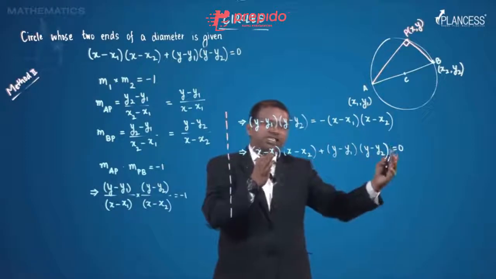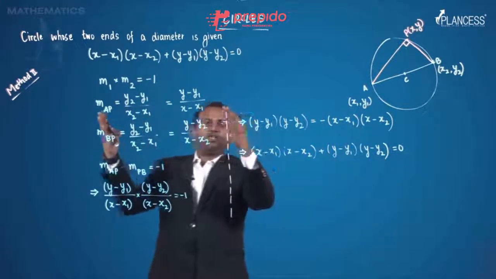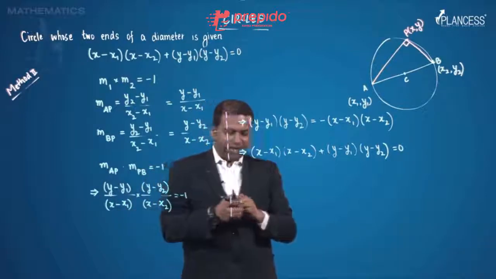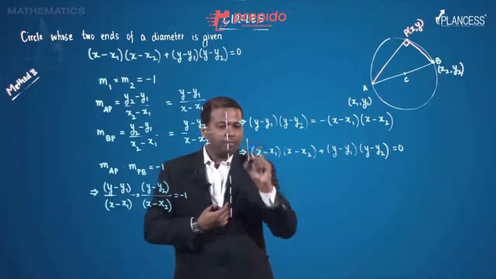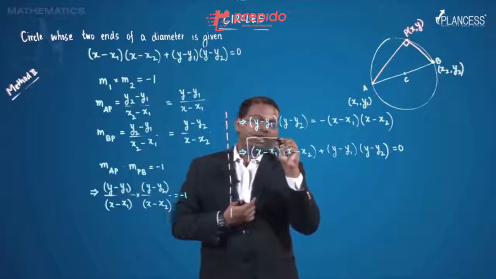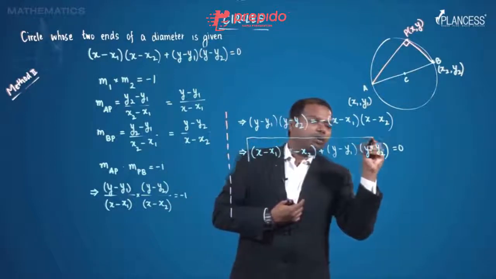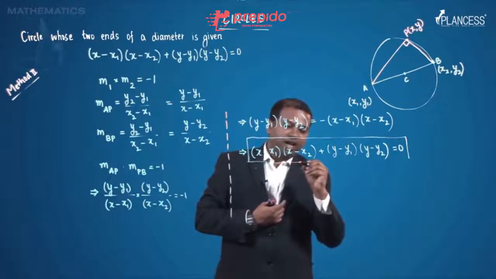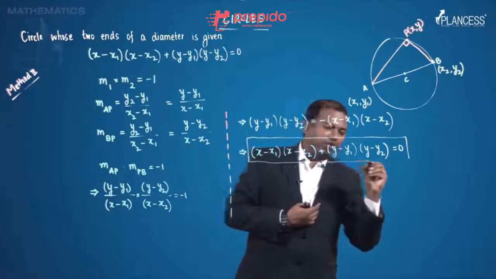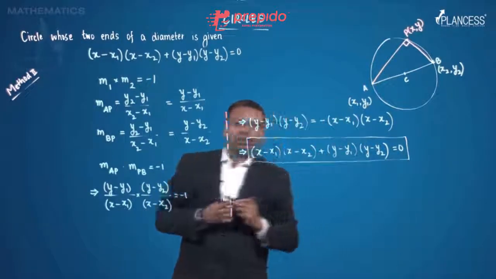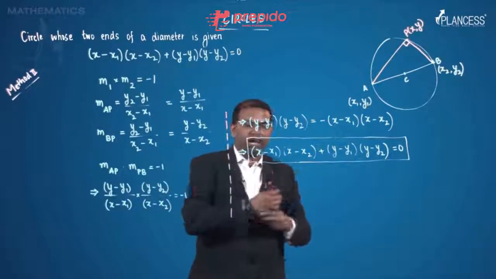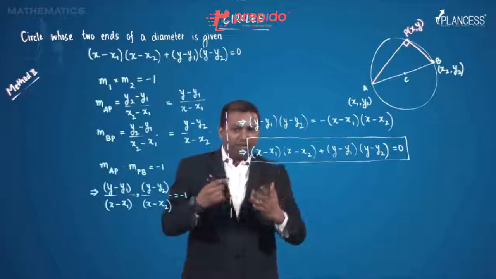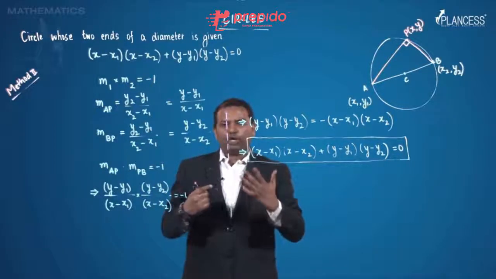So now this is a formula in case of a circle whose two ends of a diameter are given. As explained in the previous method, this is a fairly easy way to remember. Try solving many questions based on this and try different ways to get the answer by using different methods, which will help you have a better understanding of what is going on.